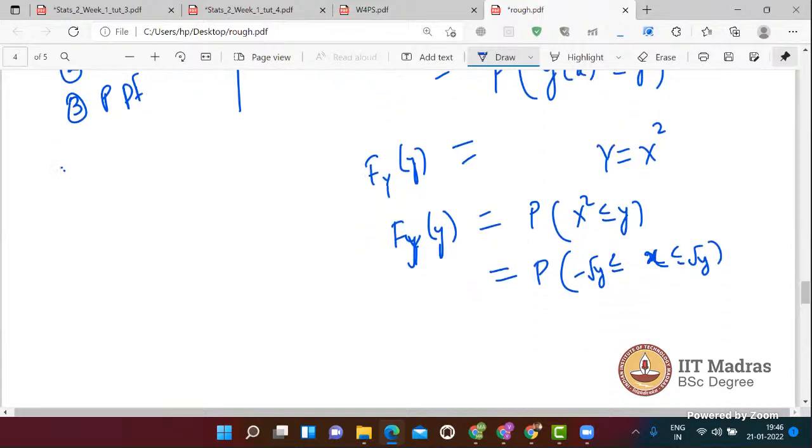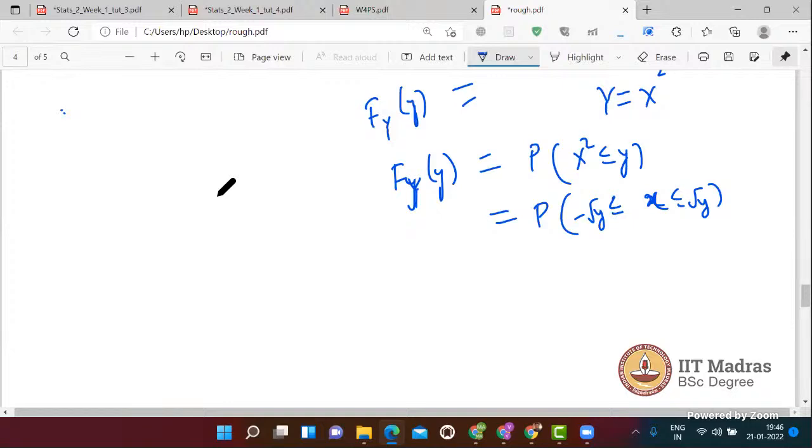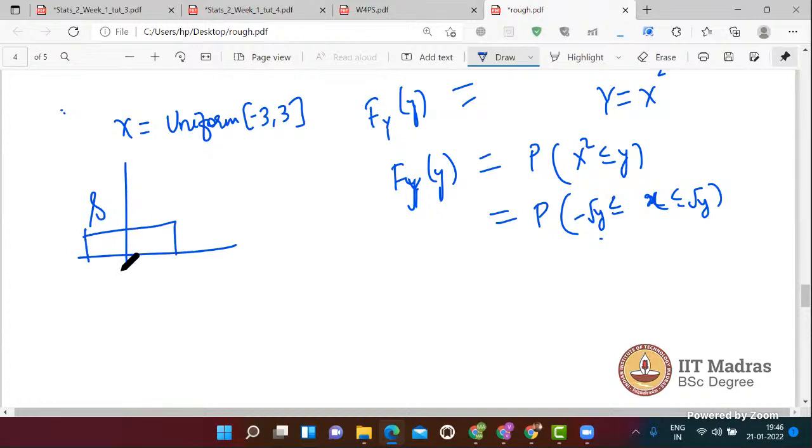And now you have to compare with the support of y. For example, if you have been given x as a uniform distribution from -3 to 3, what will be the x square here? X square will lie from 0 to 9, right?